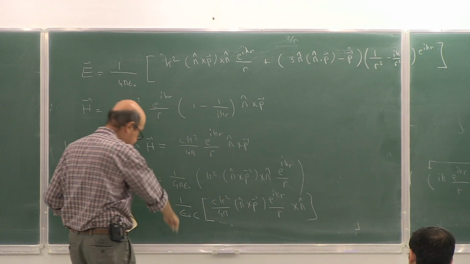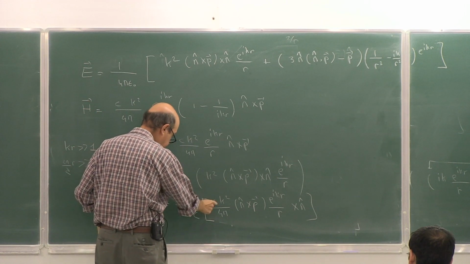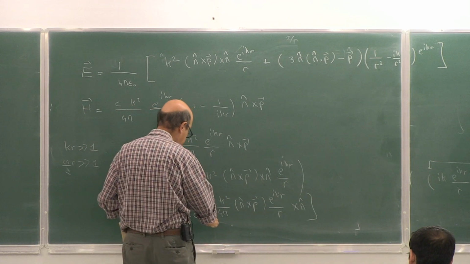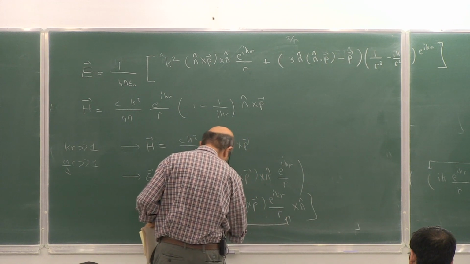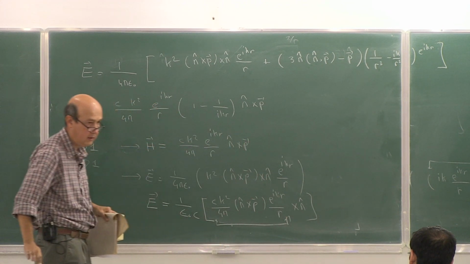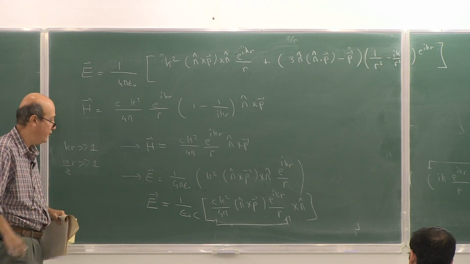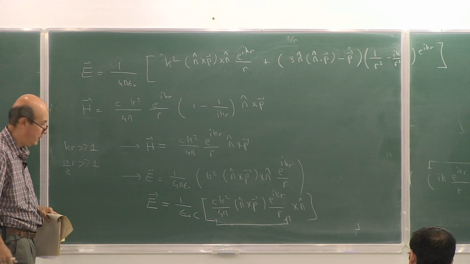So these are the same. What I do, I take the epsilon 0, multiply by C, divide by C, put the 4 pi inside. And what is this whole bunch? What is C k square over 4 pi n cross P e to the ikr over r? What is this?